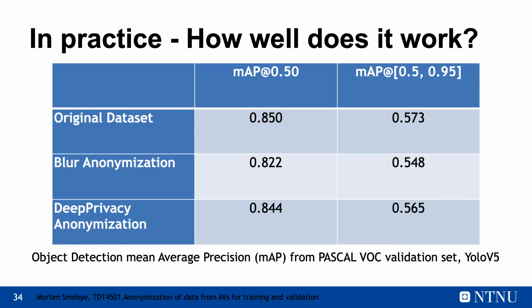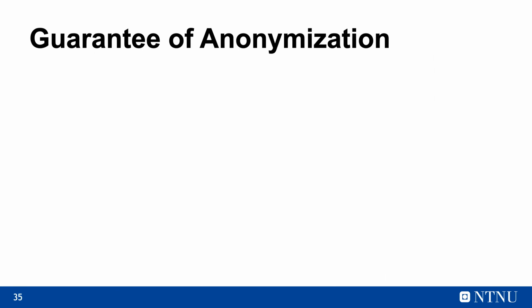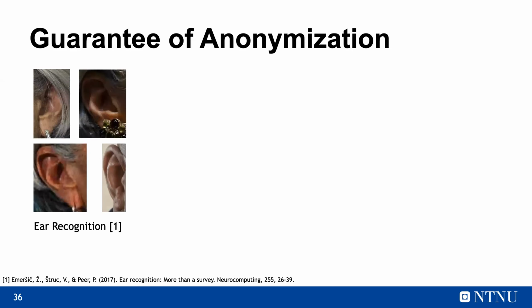Now, there are several limitations of this work. And first of all is the guarantee of anonymization. The identities of individuals can be predicted based on other parts of the body. One case is just ear recognition.